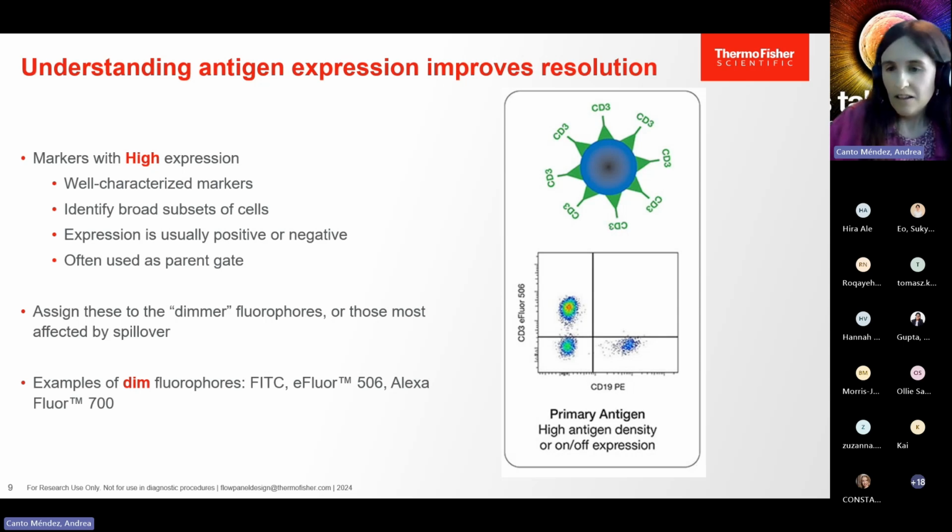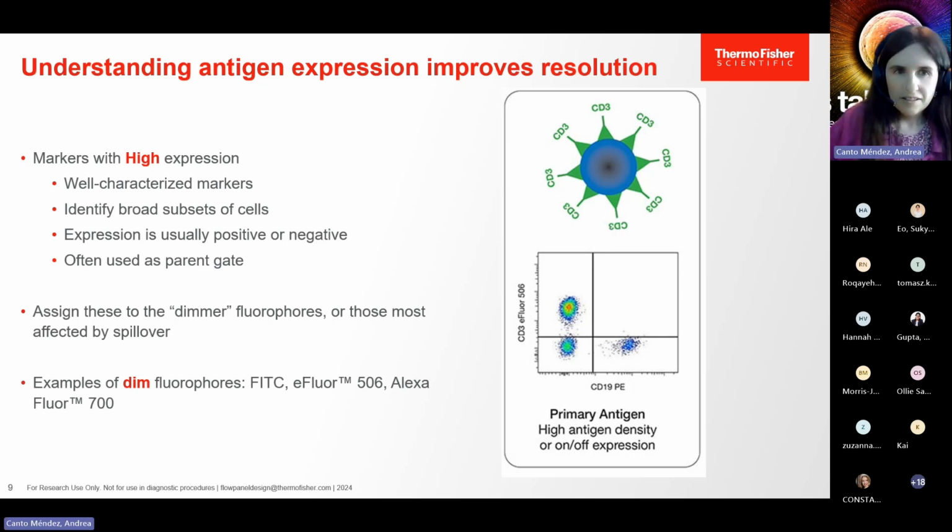But if we have a healthy subject, we can expect in blood a high expression of CD3. In this example, you can see here that the expression is very well defined between negative and positive. And typically, this is what we use as our parent gate to start the gating strategy.